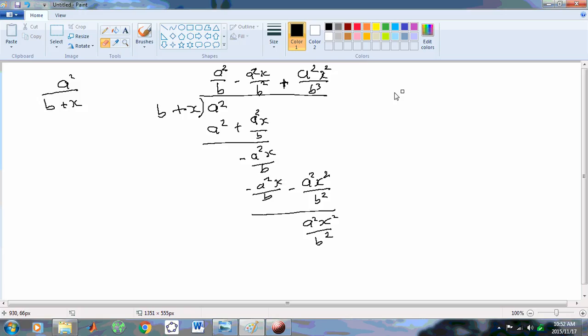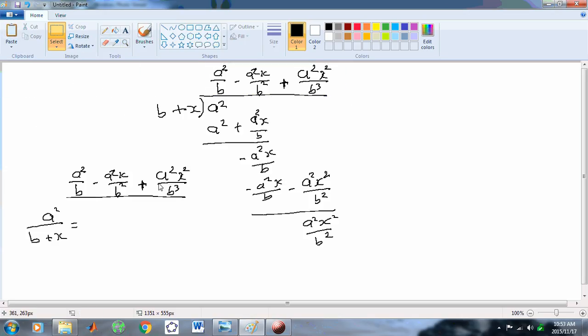So, for example, if we stopped here, then we would have that a squared over b plus x is equal to what we've got up top here. Let's just copy that. I don't feel like writing it out again. Copy this, put it down here.